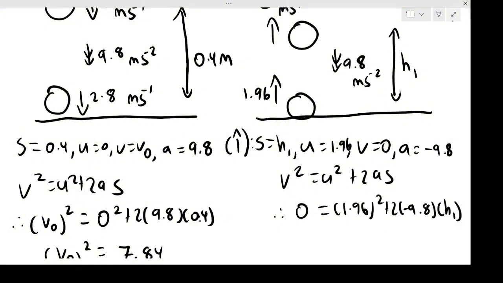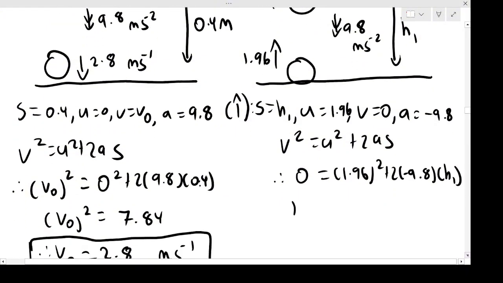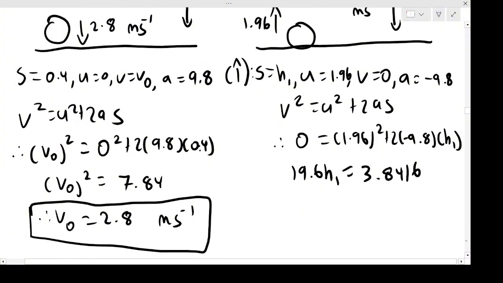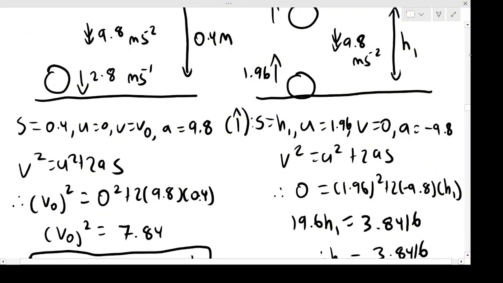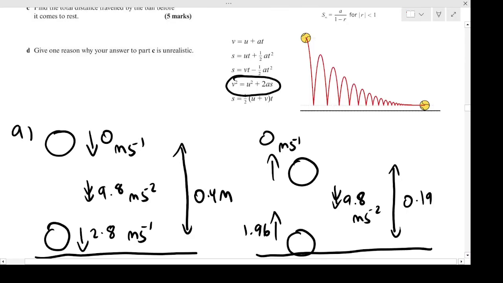So if I solve this, then I get that 19.6 lots of H1 is going to be 3.8416 if I square the 1.96. So therefore H1, if I divide, I get H1 to be 0.196 metres. And there we are. So I can add that on as well. Cool.